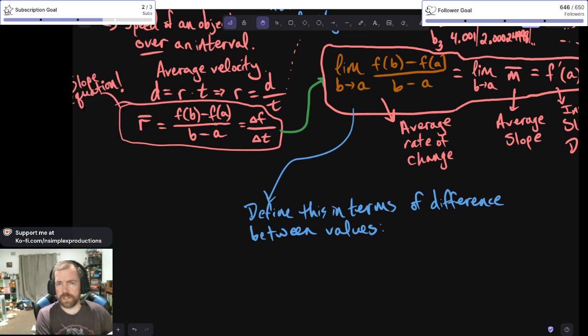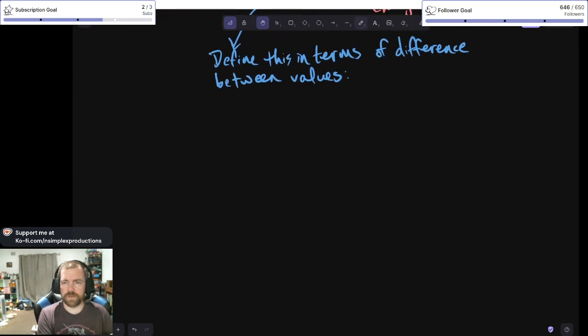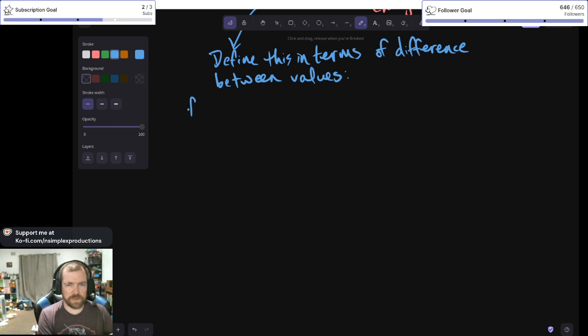We can define this in terms of the difference between the individual values.